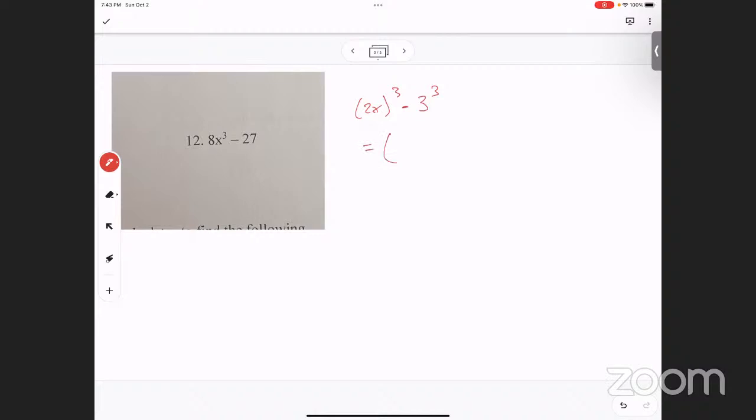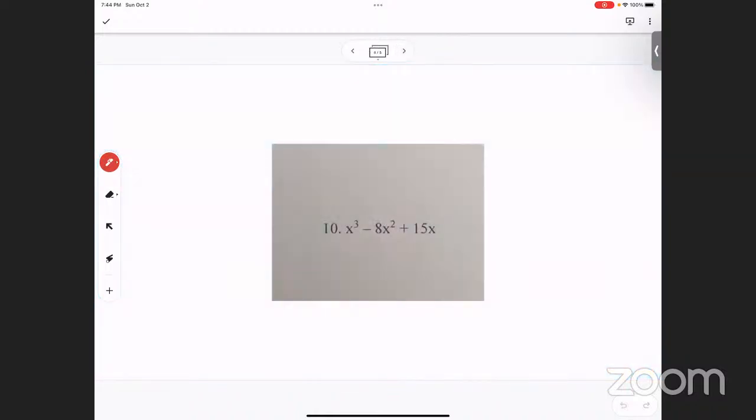Equals 2x minus 3, and in parentheses 4x squared plus 6x plus 9. Good. Good job. That makes sense now? Yeah.